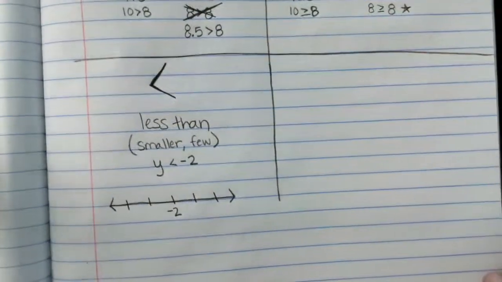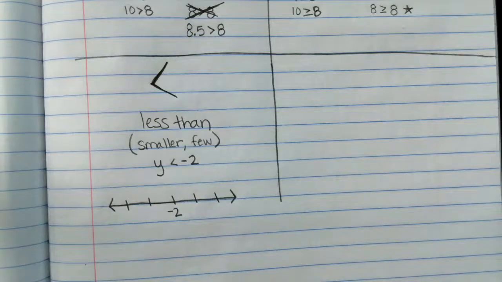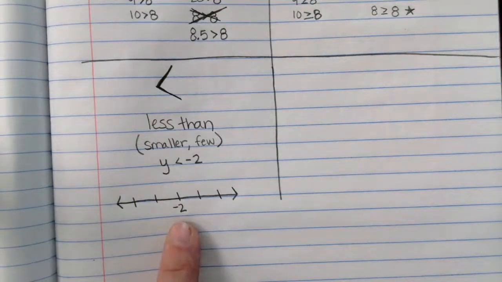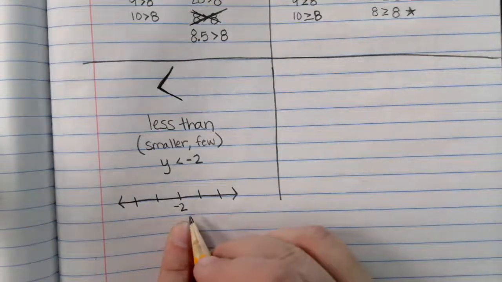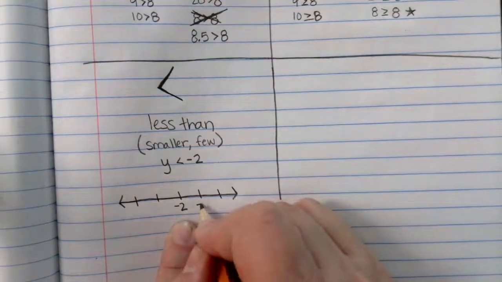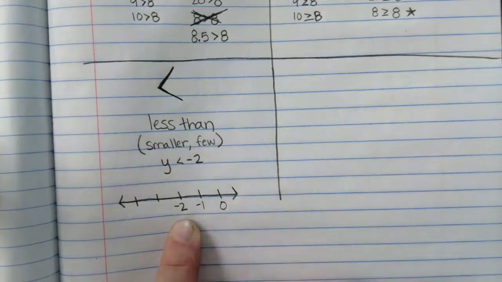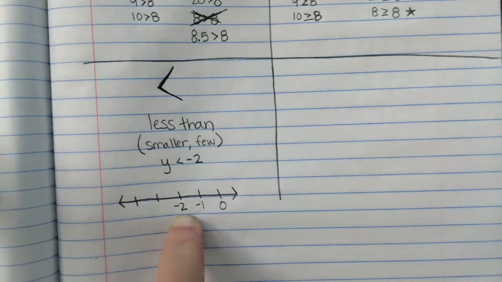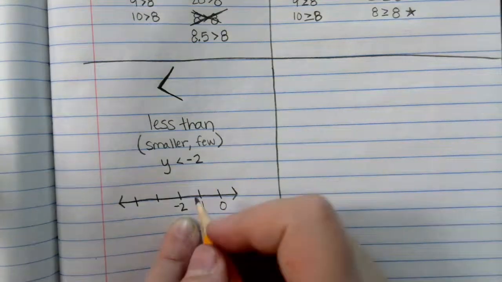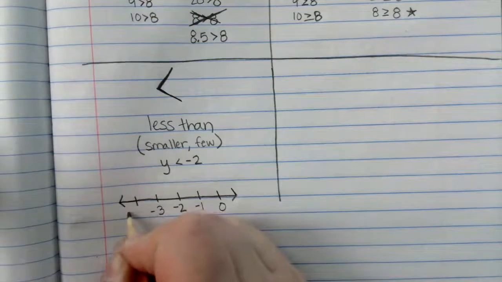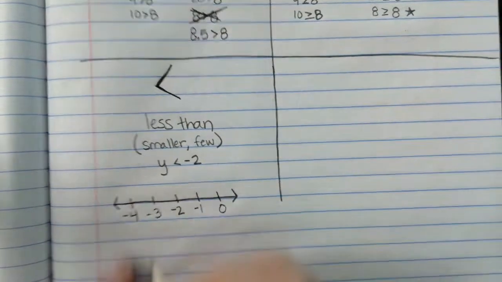Our 0 is going to be above the negative, so it's actually going to go -2, -1, 0. And then to the left, we're going to have -3 and -4. So it's kind of confusing because with negatives, everything is flip-flopped. So the whole point is negatives are opposite.